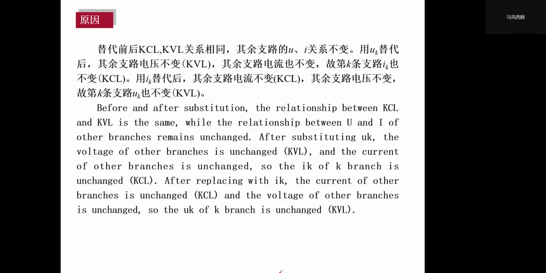From the KCL and KVL laws, we get this conclusion. They are indirectly derived from the KCL constraint and Ohm's law and others like that.